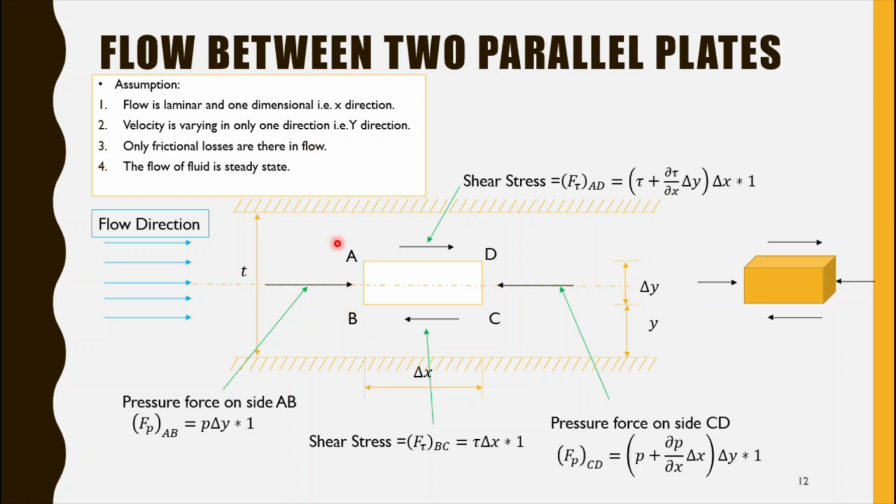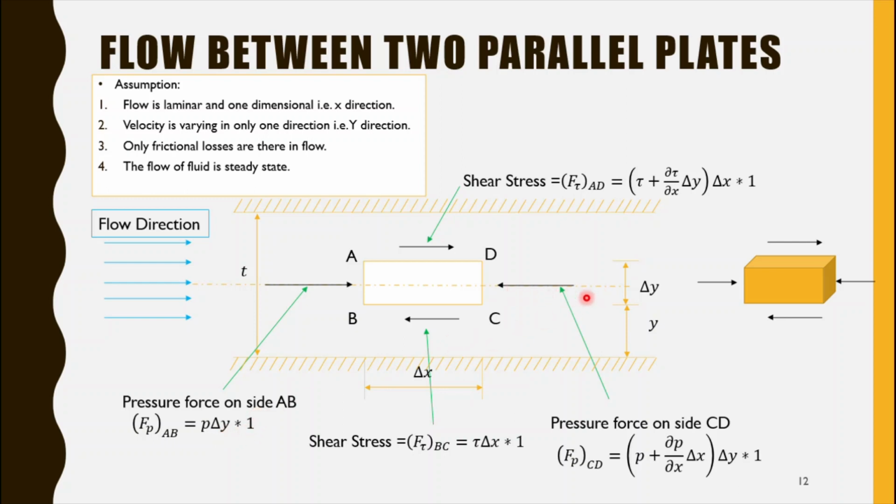Now we have taken one control volume A, B, C, D, and in 3D it looks like a rectangular block. The forces acting on it: on plane AB, the force is a pressure force, which is P into area. The area is rectangular, with height delta y, and we take the depth as 1 unit, so the area becomes delta y into 1.